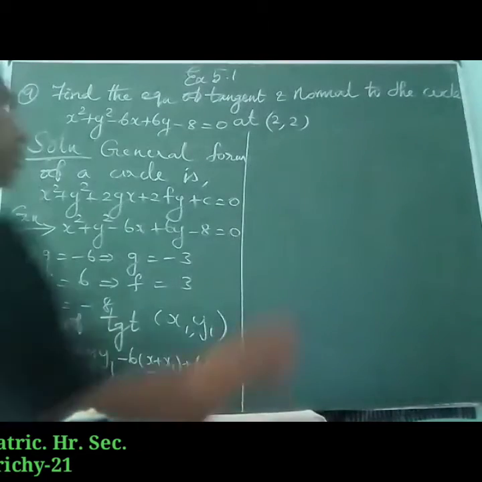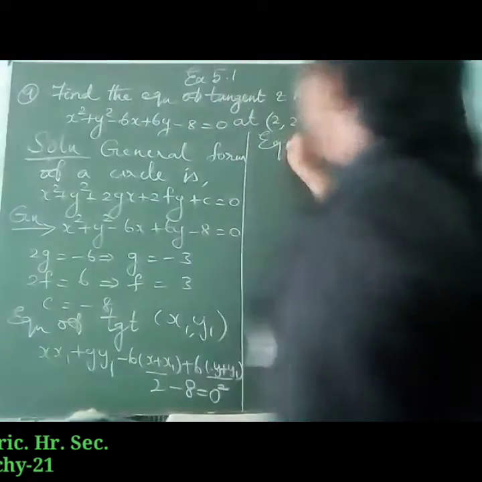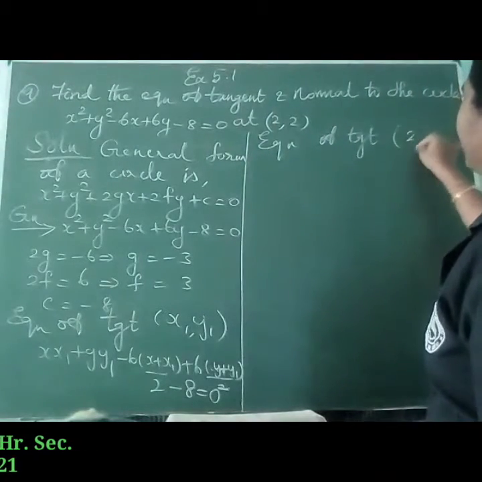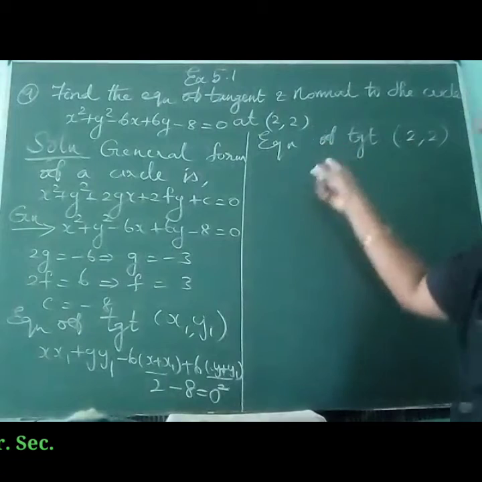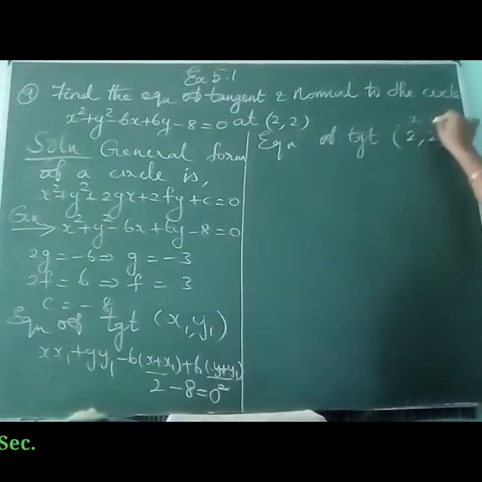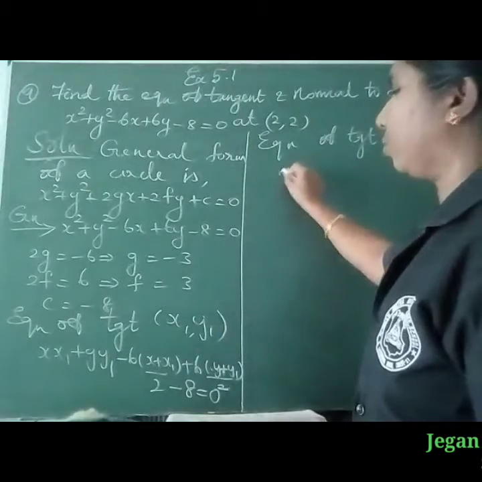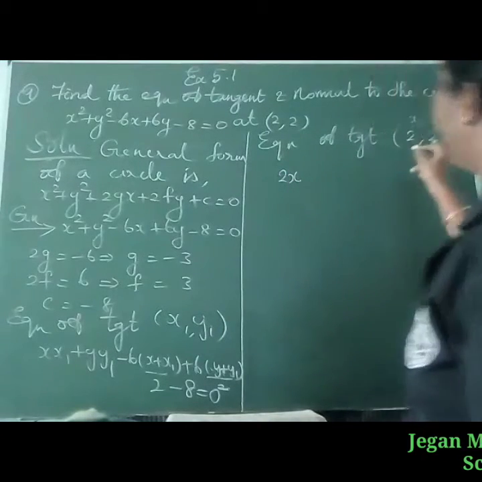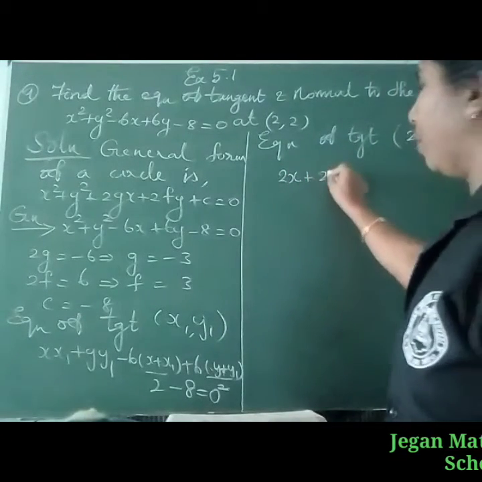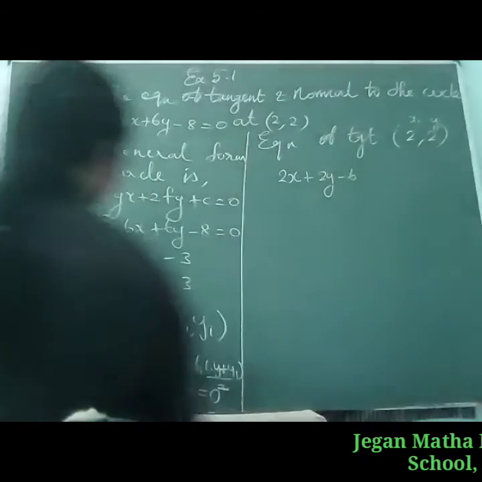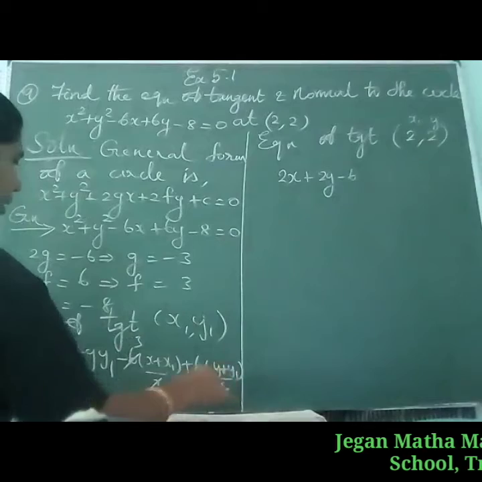Now equation of tangent at the point (2, 2), the given point, this is nothing but x1 and y1. So x1 equal to 2, y1 is also 2. So 2x plus 2y minus, when you are cancelling, here you will get 3, here also 3.